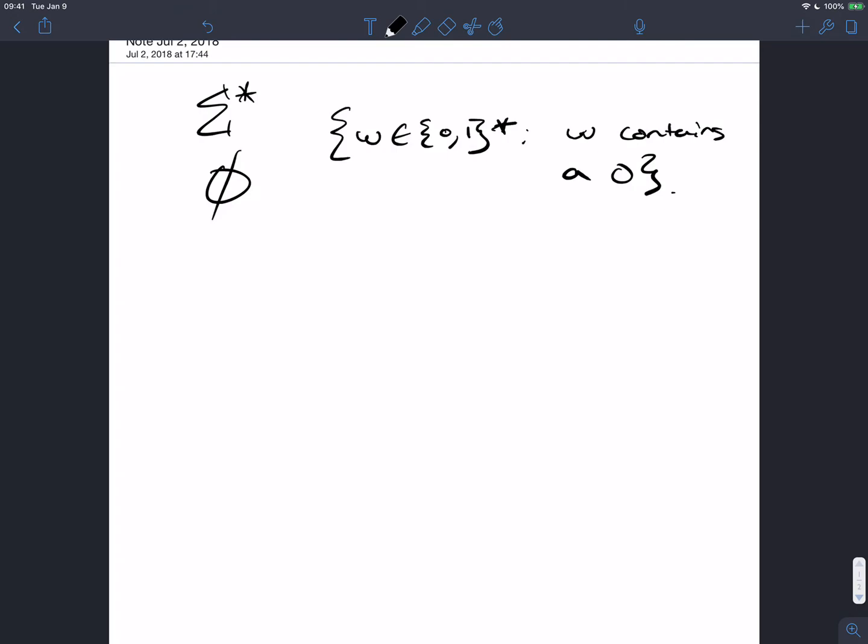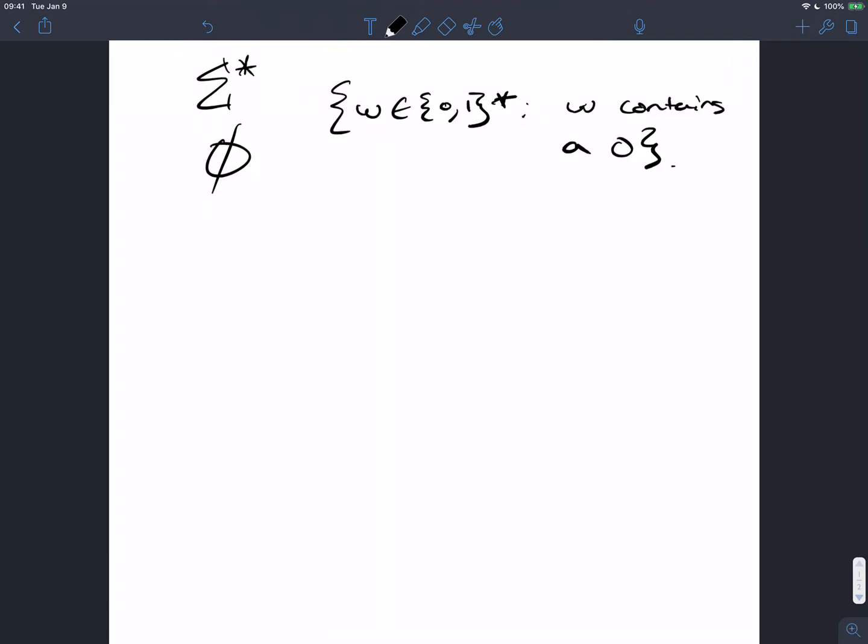It's not as trivial as the first two, but how would you decide it? Just move right. If you ever see a 0, go to which state? QAccept. And if I never see one, how would you determine that you've never seen a 0? Hit a blank, and then go to QReject.